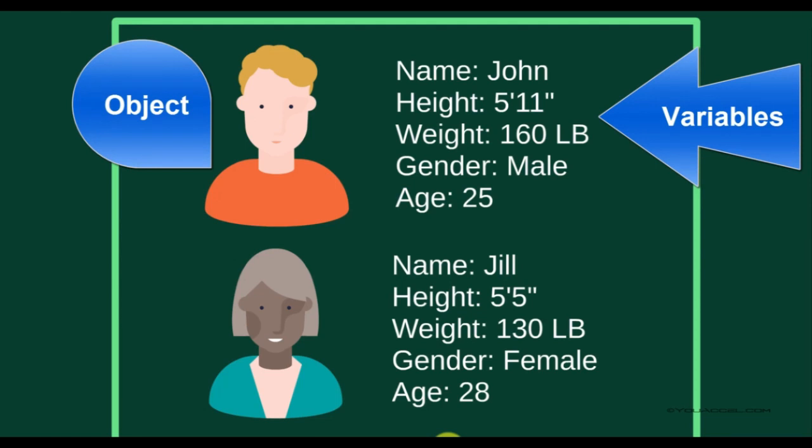The values of these attributes will vary or differ from person to person. Another word for attributes is variables. These variables will contain the values for each person. As we progress through this section, you'll gain a better understanding of this concept and the importance of working with variables.